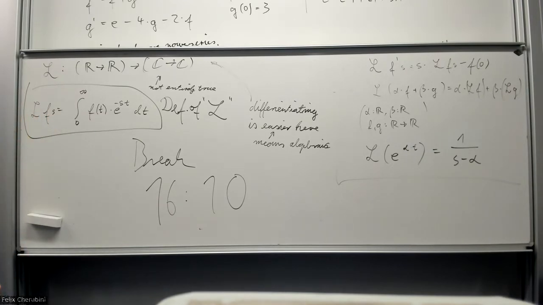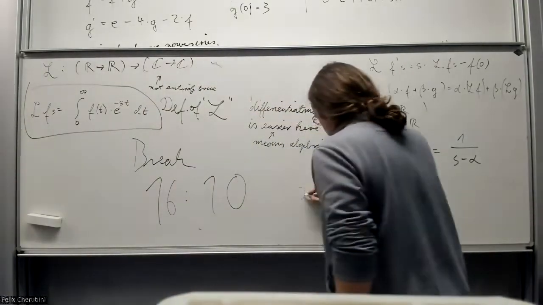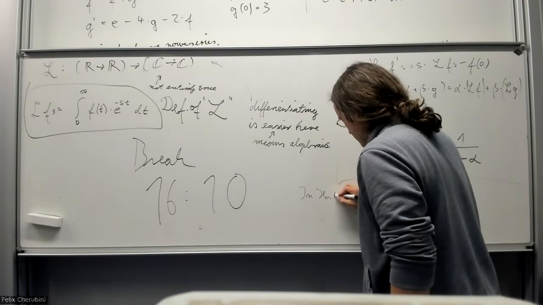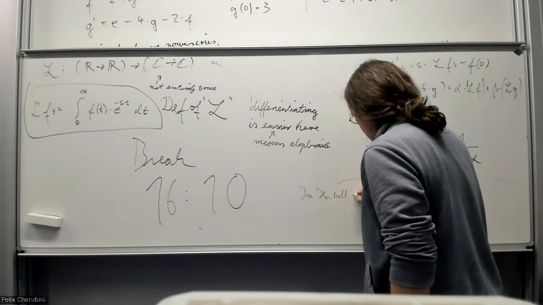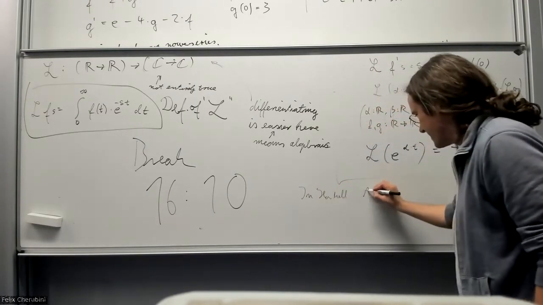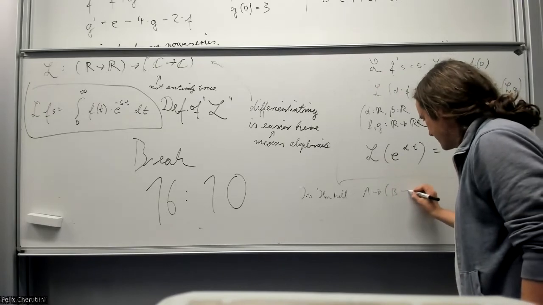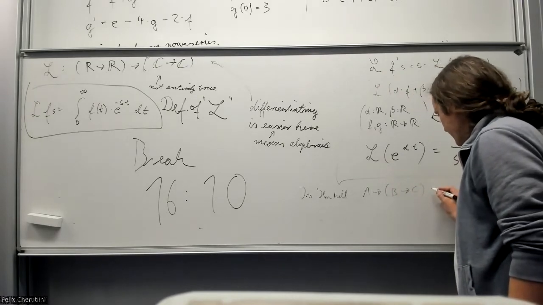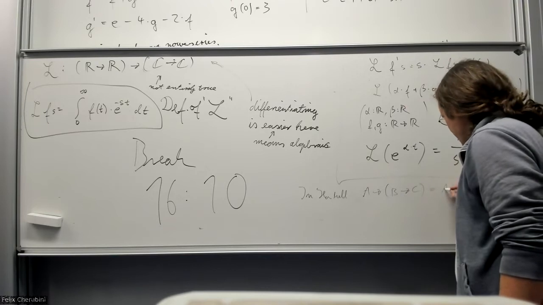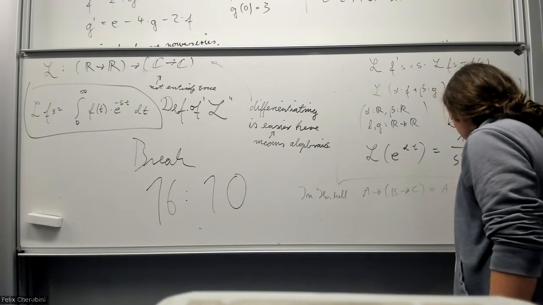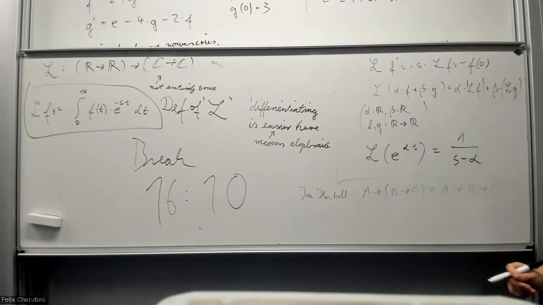But in Haskell, you have the convention for types that this all can be abbreviated like this. Oh, okay.